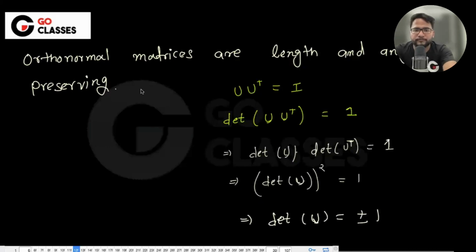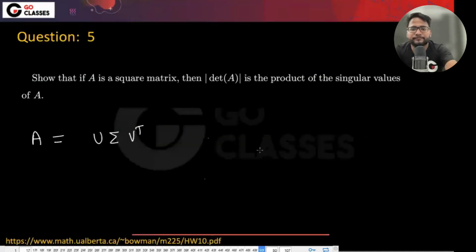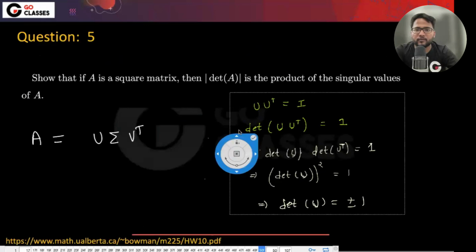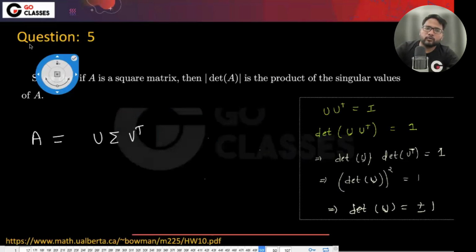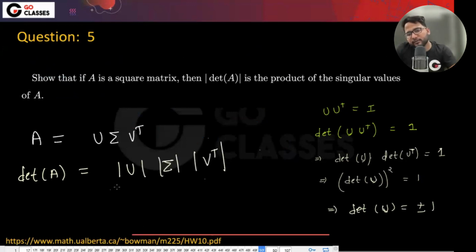So we can take help of this. Let me tell you how. Now what we can do, we can find out determinant of this A. It will be determinant of U multiplied by determinant of sigma multiplied by determinant of V transpose. And interestingly, we know either this is +1 or -1. This is nothing but the product of the singular values, right?